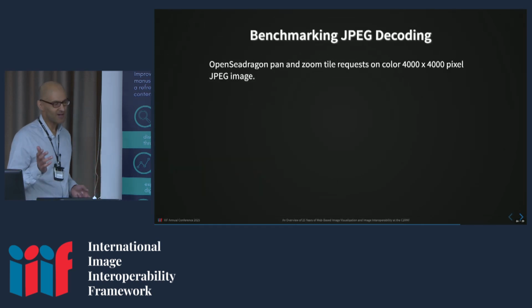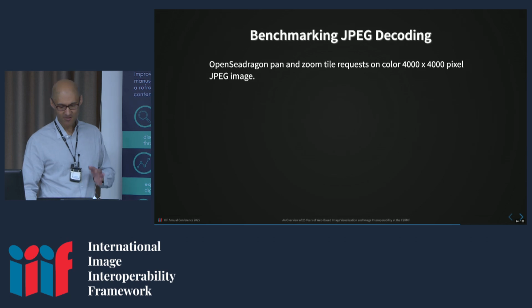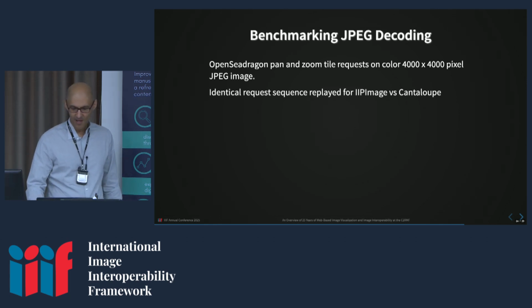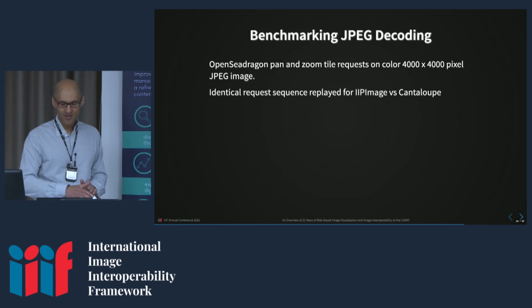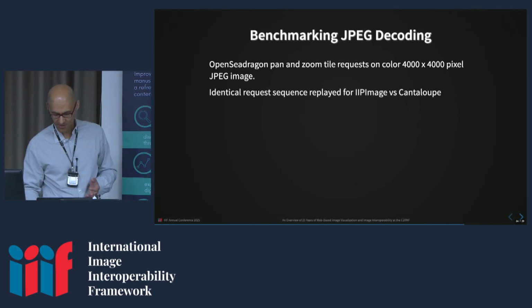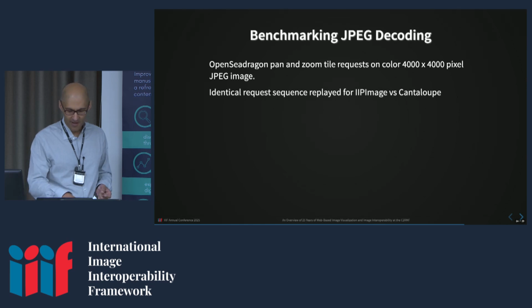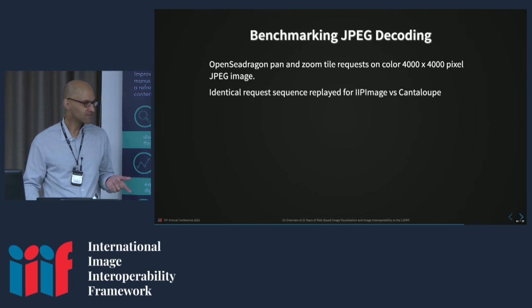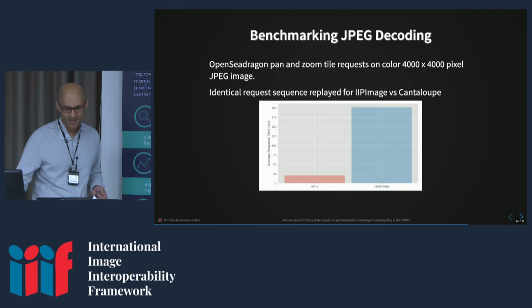So let's benchmark this. It's 300 times slower than TIFF, but how does this new decoder compare to, say, Cantaloupe? We mentioned Cantaloupe earlier this morning. Using again OpenSeaDragon, I'm going to use a 4000 by 4000 pixel image, because we've seen that it drops off after. If the image is too small, then you shouldn't be using JPEG anyway. We have an identical sequence of IIIF requests we send to IIP Image and to Cantaloupe, the latest version of each. And we get this kind of graph.